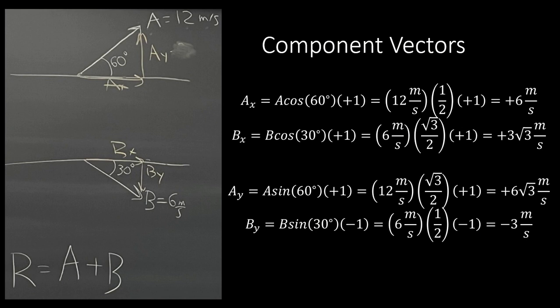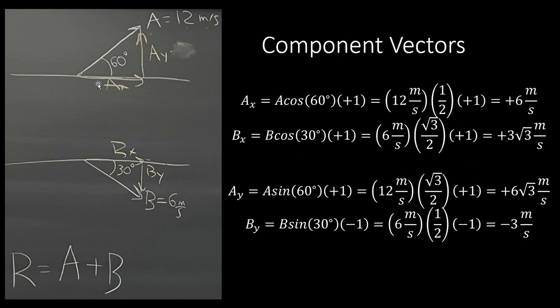So if you're asked to solve for the resultant of A plus B, we can't just add 12 plus 6 because they're not parallel vectors. Instead, we have to break them up into their component vectors. The component vector is going to be the vector along the x-axis and the y-axis for our vectors. These are pretty simple to calculate.